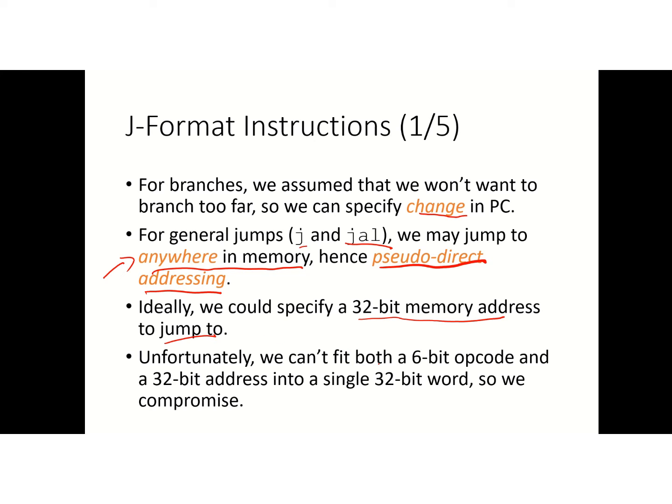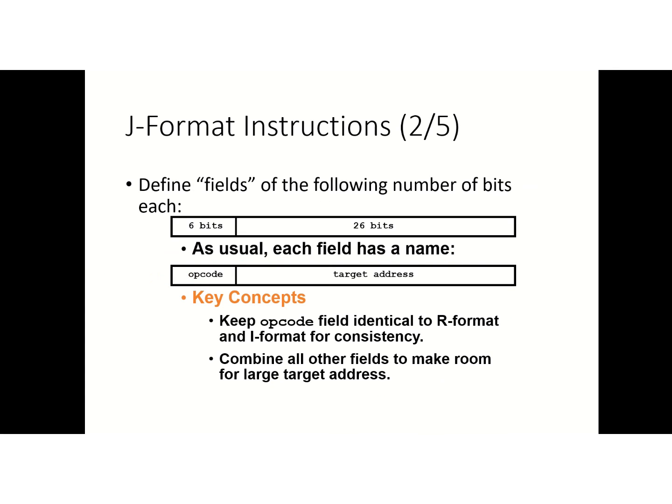Unfortunately, we can't fit both a 6-bit opcode and a 32-bit address, which would be 32 plus 6, making 38, which doesn't fit into a single 32-bit word. So we need to compromise the value of the address.